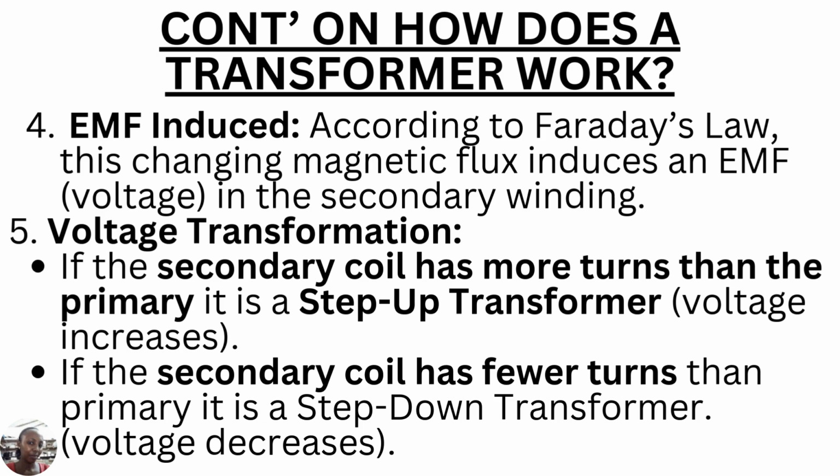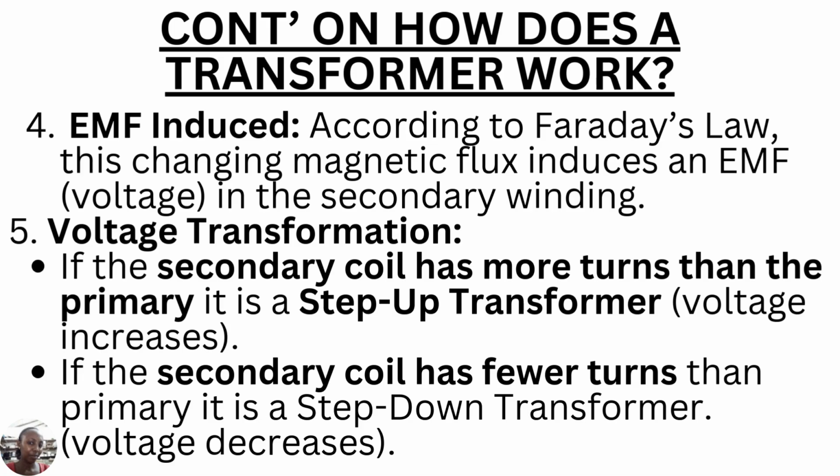According to Faraday's law, the changing magnetic flux in the core induces an EMF, or voltage, in the secondary winding. Now, depending on the number of turns in the secondary coil, we can get different voltage levels. If the secondary coil has more turns than the primary, it is called a step-up transformer, and the voltage increases.